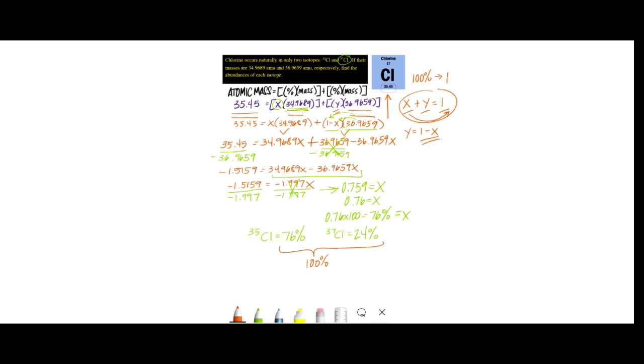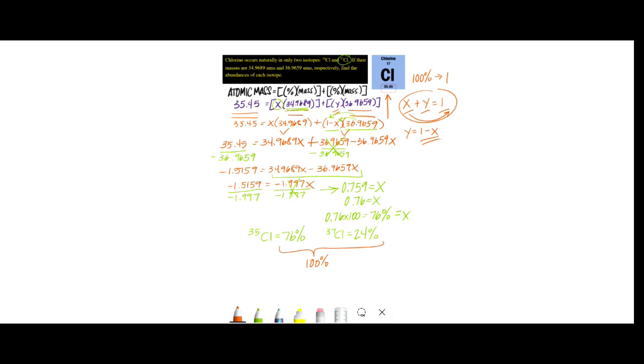Now sometimes students will say, well, how did you know to put the x by the first isotope, the one with the mass of 34.9689, and the 1 minus x by the other one? What if I was to reverse that? What if I put the 1 minus x by the chlorine 35 mass and the regular just plain x by the mass of chlorine 37? It wouldn't make any difference whatsoever.